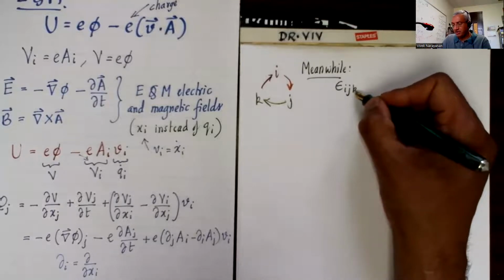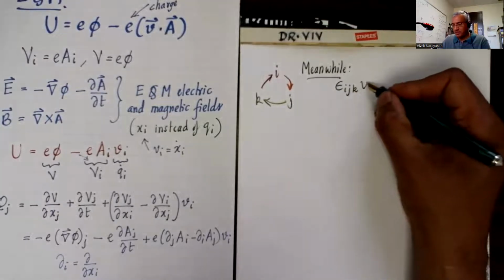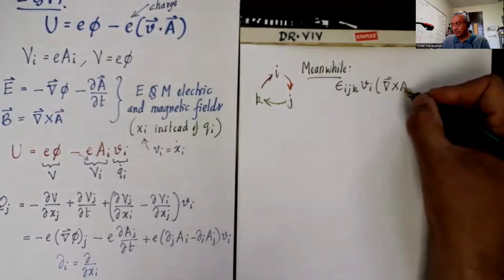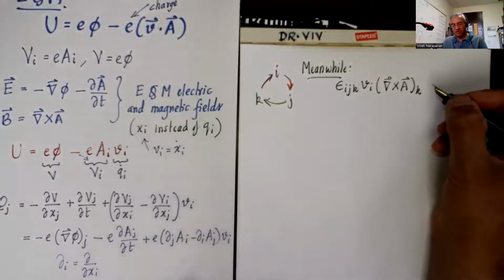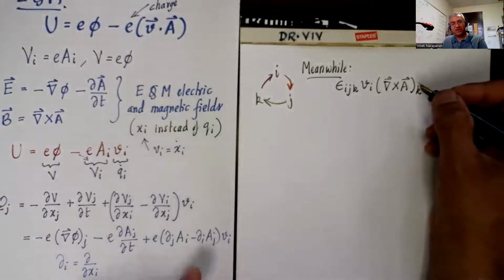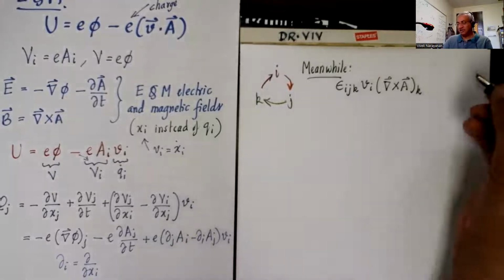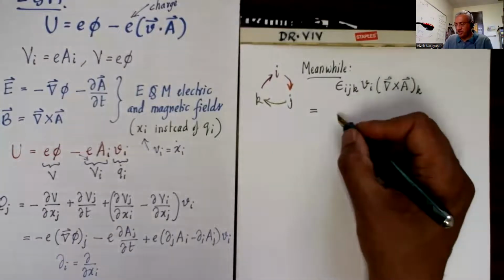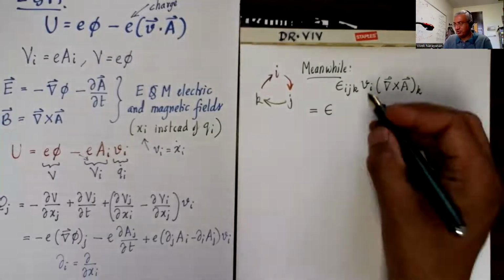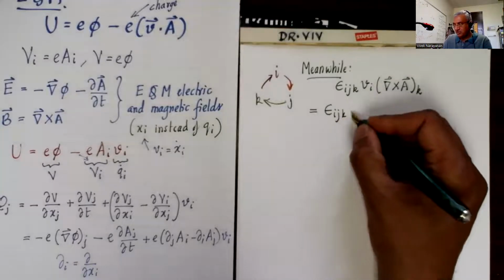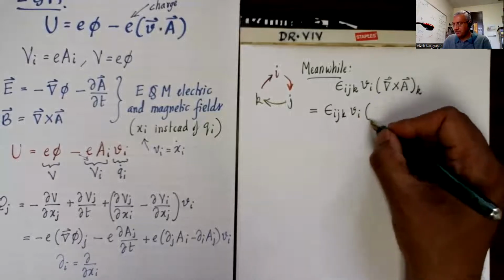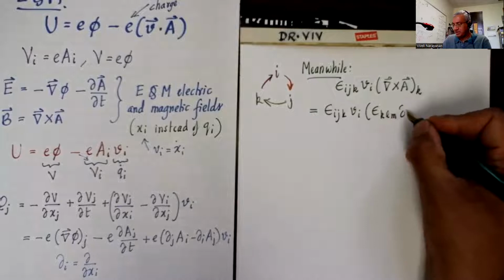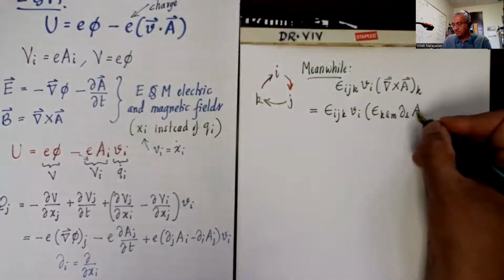What if I had epsilon ijk V i times the kth component of the curl? Because I know that the magnetic field is sitting there, I want to make it look like this. So let's see what that would be. Now, using the property of the cross product, the kth component of the cross product is just going to be epsilon KLM del L A M.